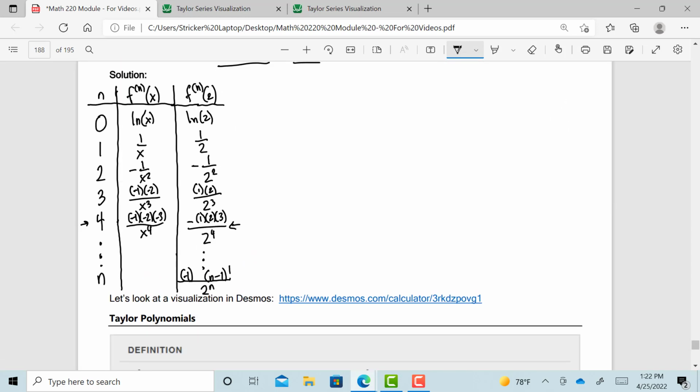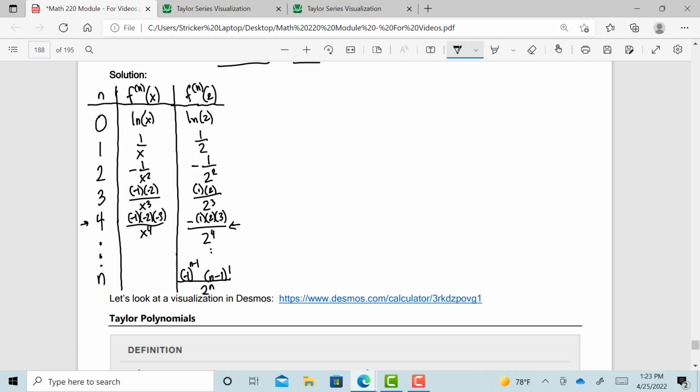In this case we have -1 raised to the n minus 1. That'll give you the right sign for each of those terms. Notice when n equals 1 we get a positive, when n equals 2 we get a negative, and so on. So sometimes you just have to kind of play around with those to see if it works out.